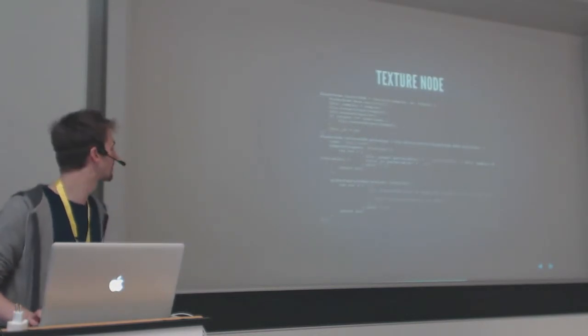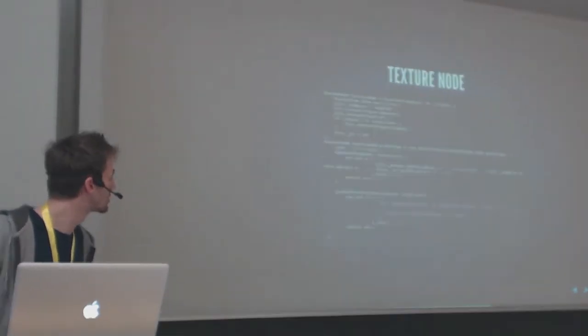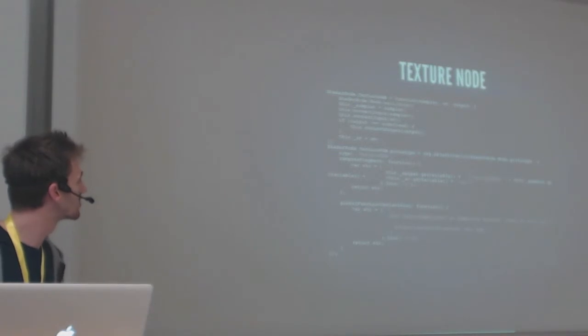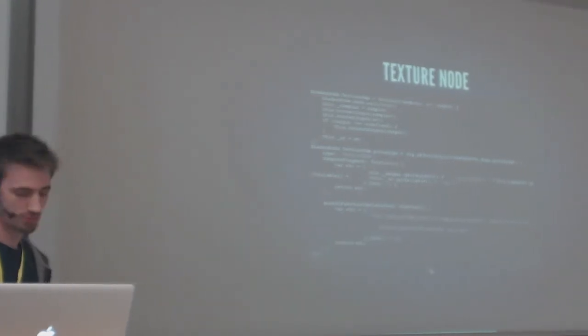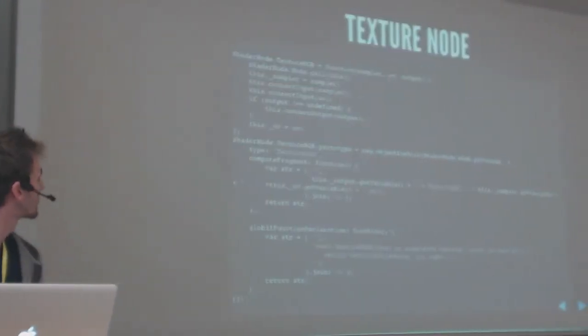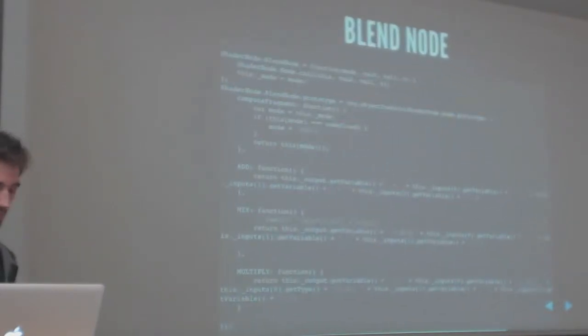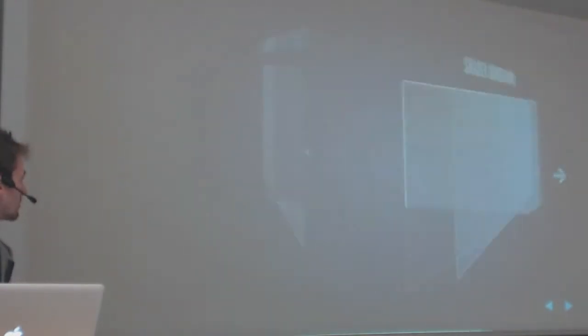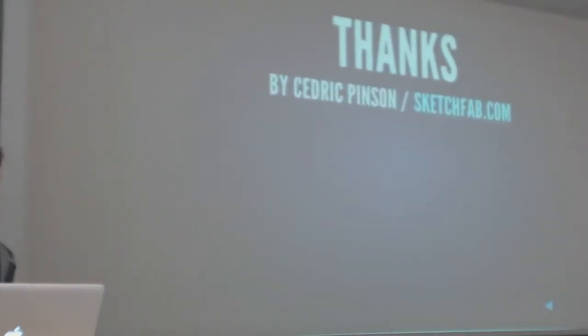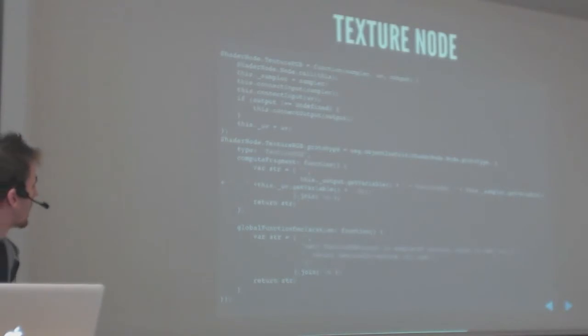An example of the texture node. It's a simple piece of JS. We connect inputs and outputs that are variables.